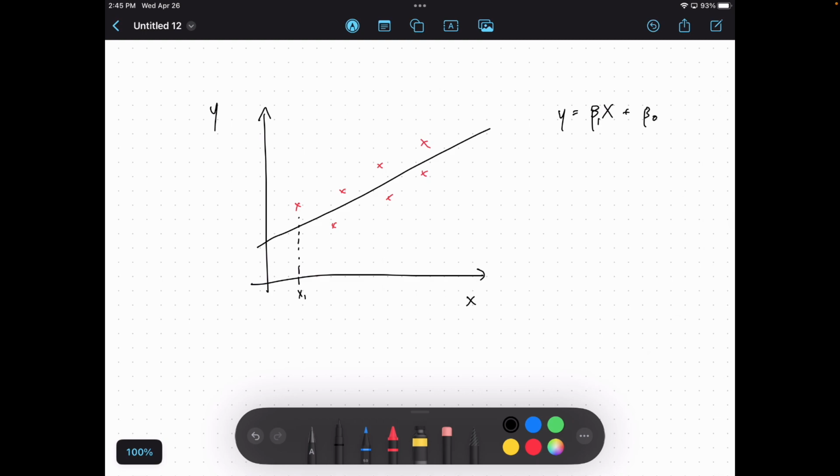Let's just say that these x values are 1, 2, 2.5, 3, and so on. What predict does is it tells you the corresponding value on the line to each of these x's.